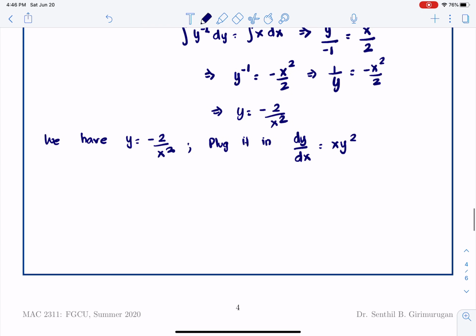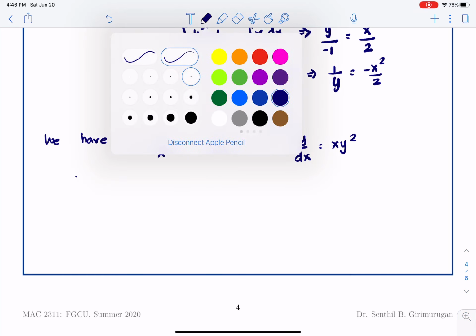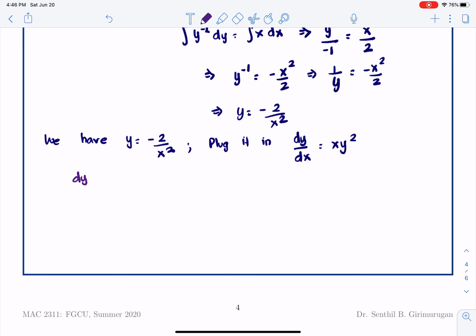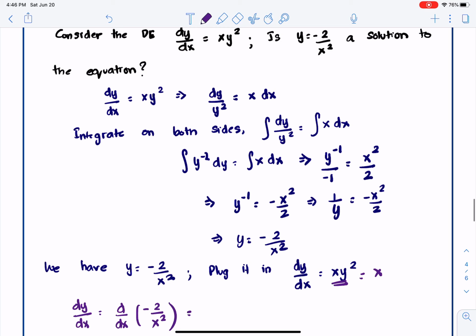So what is dy over dx based on the solution? So d over dx of negative 2 over x squared, I'm plugging in the value of y, and when I take this derivative, it must match up to xy squared.